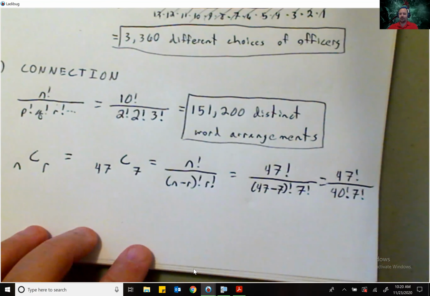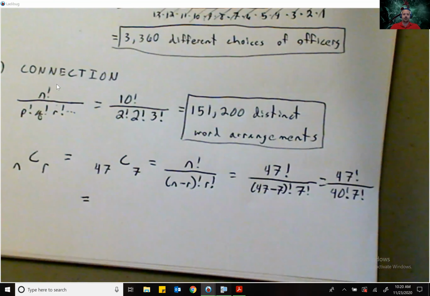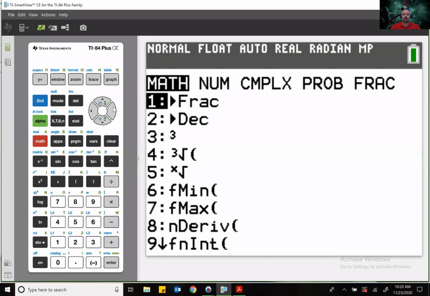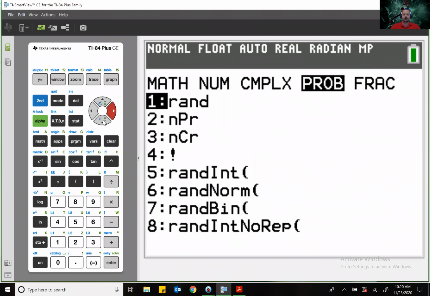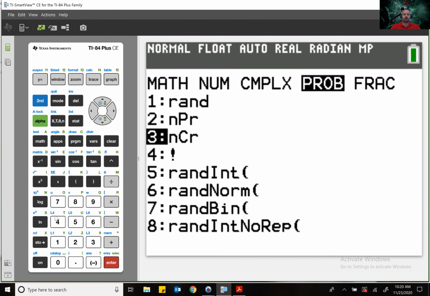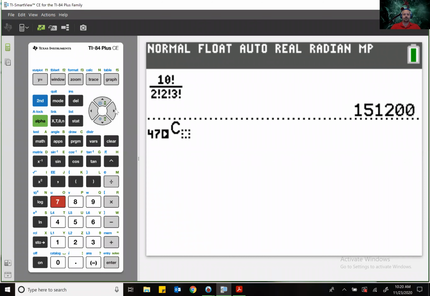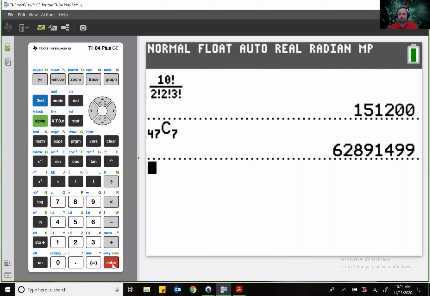Okay. But let's just have the calculator do the hard work for us. So again, you'll go to math, scroll all the way over to prob. Hey, there's the nCr. So we'll choose it and we'll put 47, scroll over, 7. And there's our number. So there are, looks like, 62,891,491 different lotto tickets.